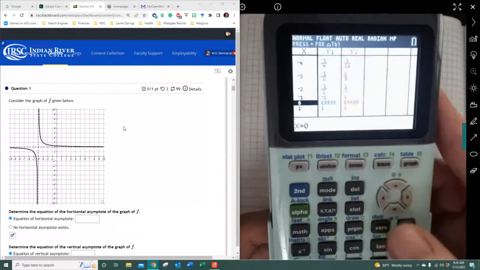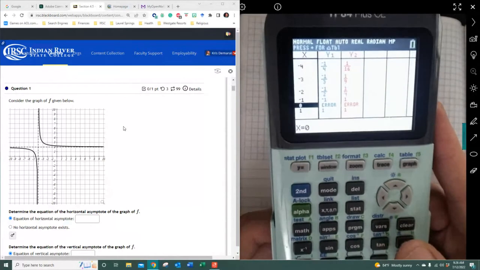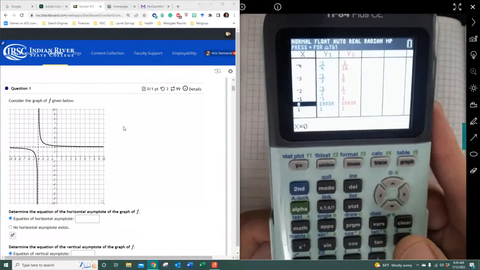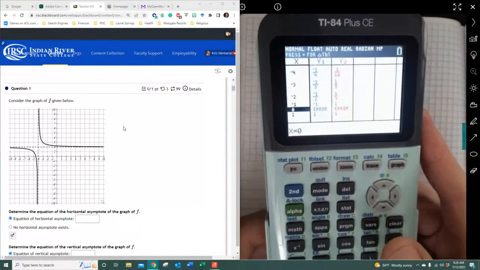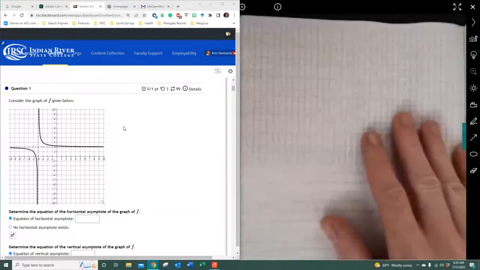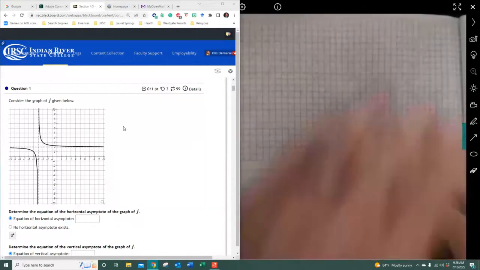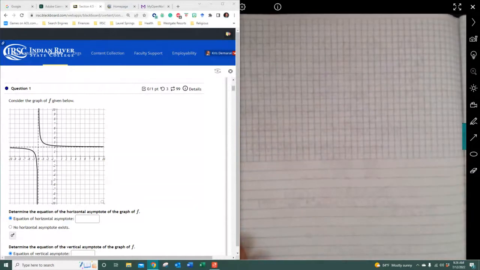And then the horizontal asymptote won't be revealed. Just to let you know, you have to know a little bit about horizontal asymptotes in order to find them. So I'm going to go over some of those properties for you in this particular lesson.